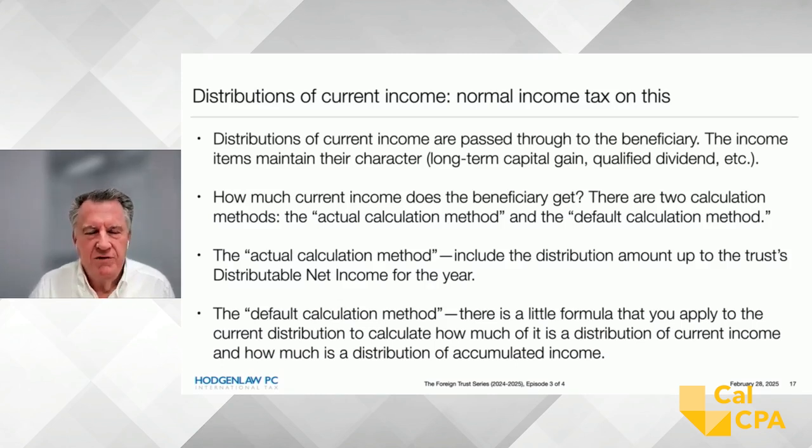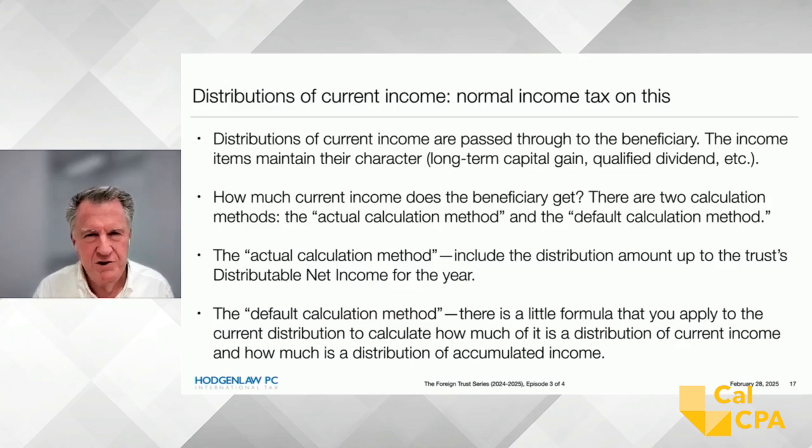And the distributions will either be of income earned in the current year by the trust, or they will be out of the bucket of either income earned in prior years or principal, contributed assets at the inception of the trust. Think of it as a rough analog to corporations and earnings and profits, right?